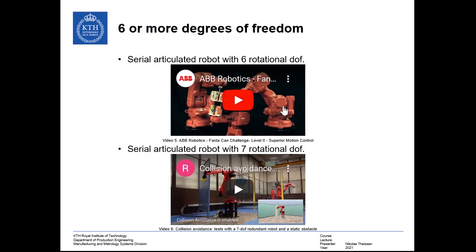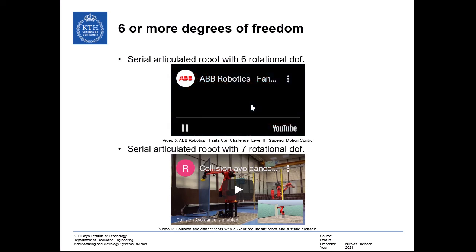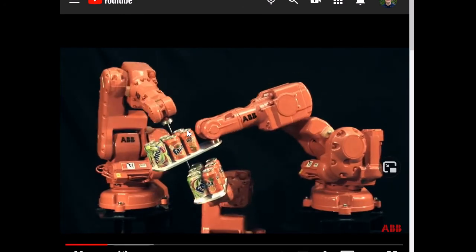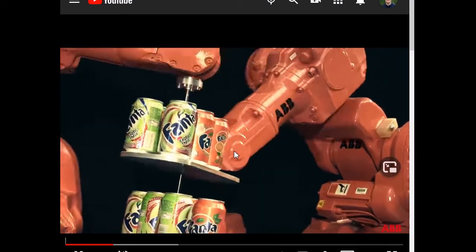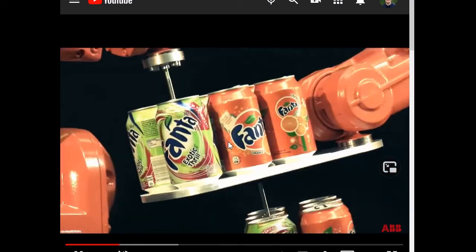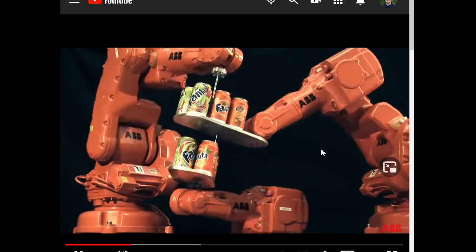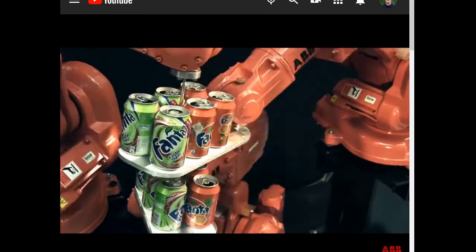Finally, let's look into what it really means to have 6 rotational degrees of freedom or 7 rotational degrees of freedom. So, as you can see in this example, 6 degrees of freedom gives you the opportunity to position and orient the metal pins that are mounted, or in that case, the Fanta cans, to any position or orientation in space, that is to any pose, which is the combination of position and orientation.